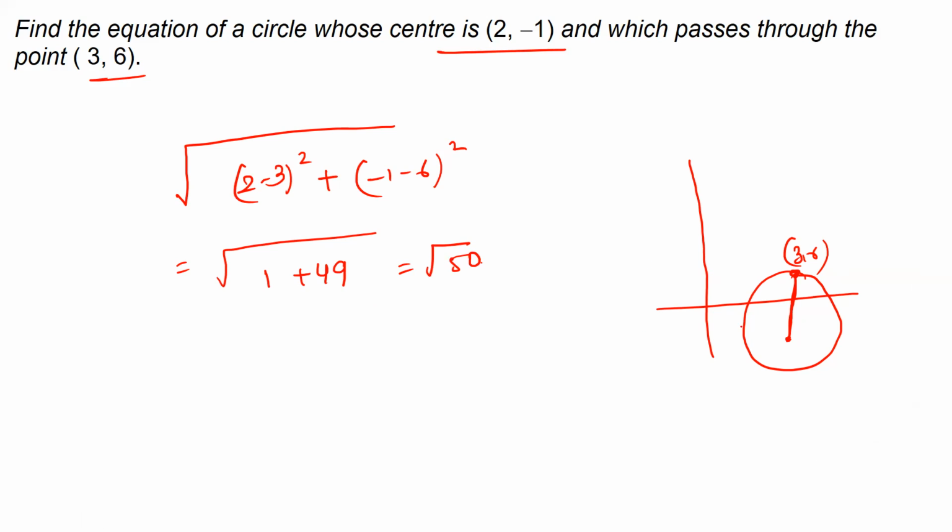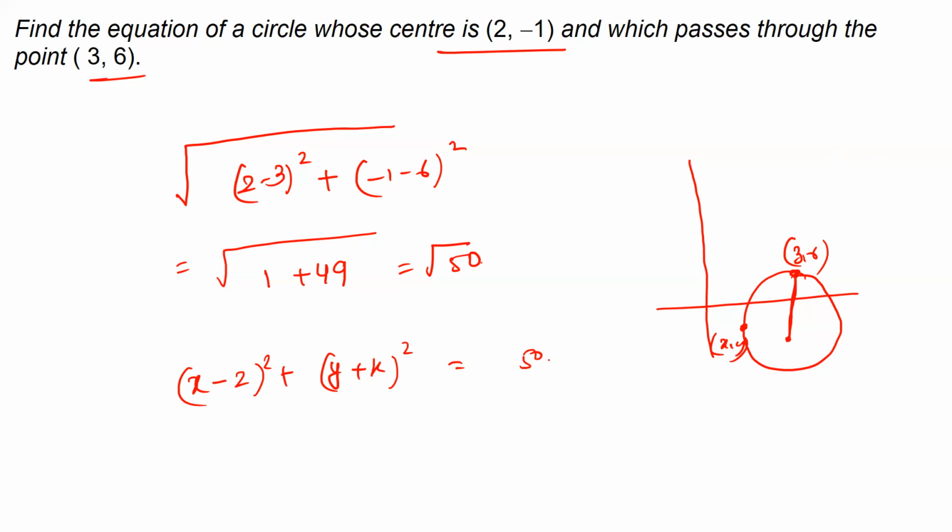Now I want to find out the equation of the circle. So what do we do? Let's take an arbitrary point on the circle. Let it be x comma y. So x minus h, which is 2, the whole squared, plus y minus k the whole squared is equal to r squared, means root 50 the whole squared, which is actually 50.